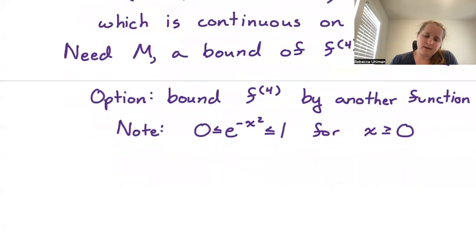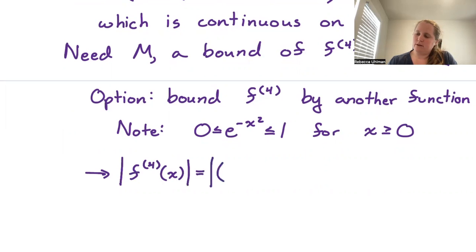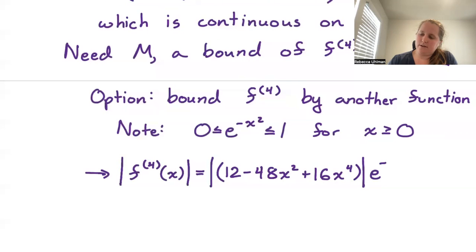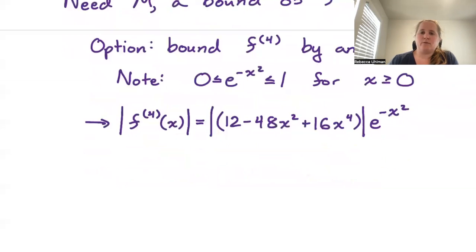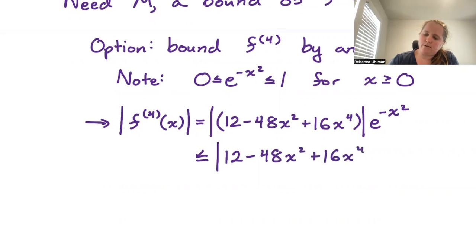So what that means then is that the absolute value of the fourth derivative of f, or the absolute value of 12 minus 48x squared plus 16x to the 4th times e to the negative x squared, is less than or equal to the absolute value of 12 minus 48x squared plus 16x to the 4th on the closed interval 0, 4.